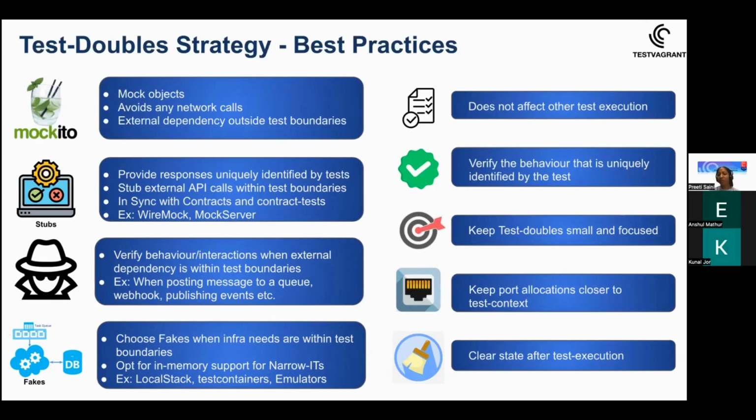It does not have to search a lot for the behavior that you're expecting. I would say clearing the state does not ensure that your tests are independent, but yes, it does help in faster test execution. So keep clearing your state after each test execution for the test doubles.